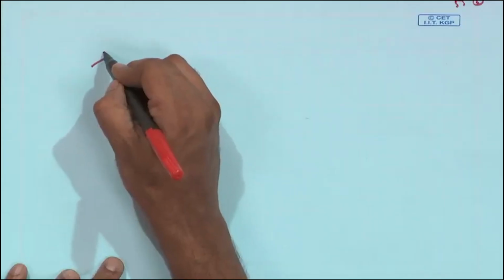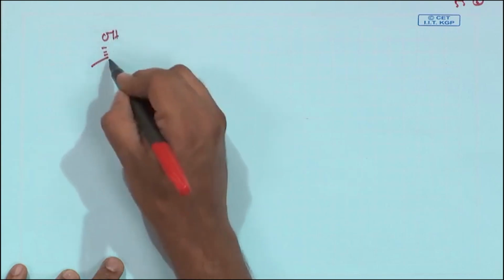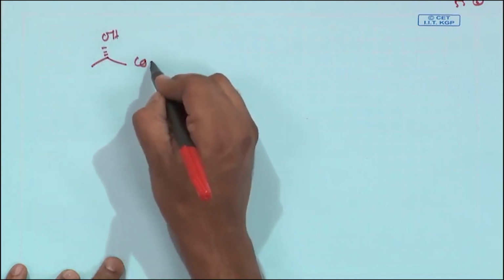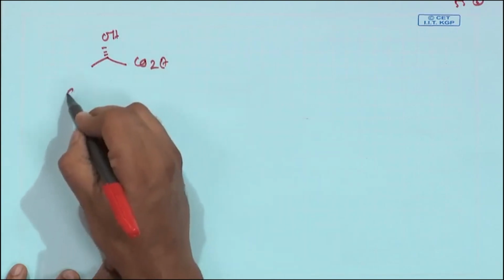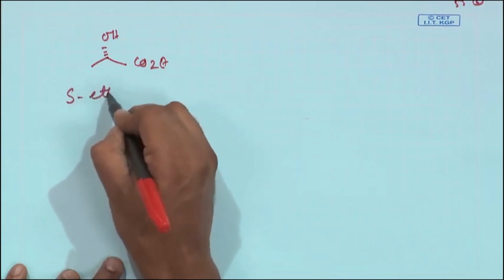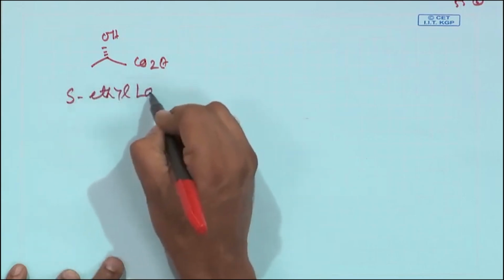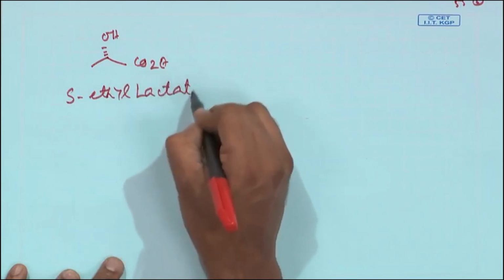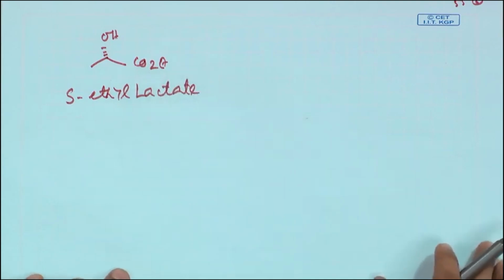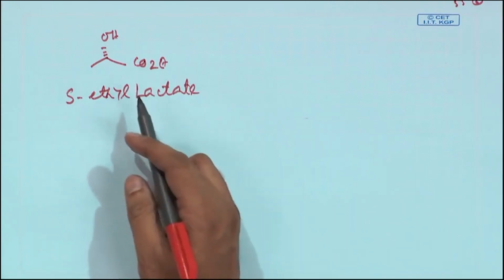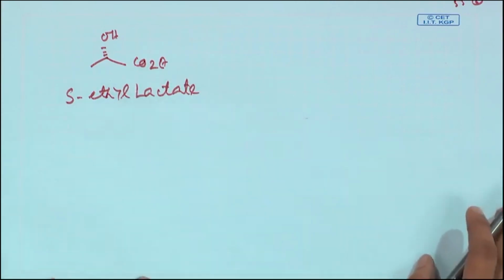We will try to do similar kinds of exercises by taking a very simple example. I will give you this compound, which is S-ethyl lactate. This is an easily available starting material which is naturally occurring. You can even call this a chiral pool; we will discuss chiral pool a little bit later on.